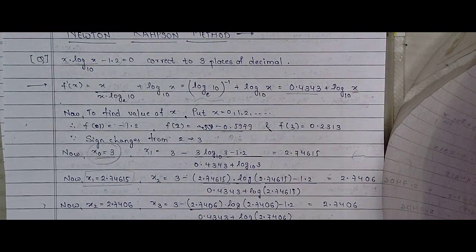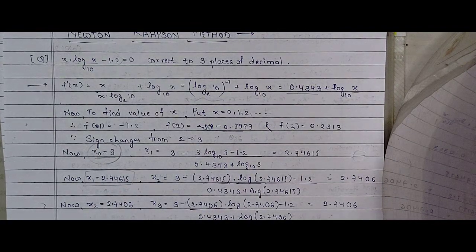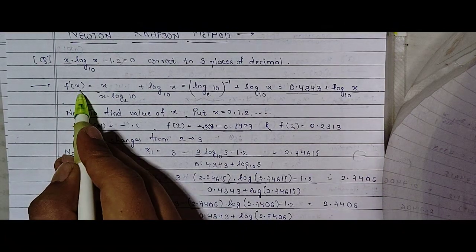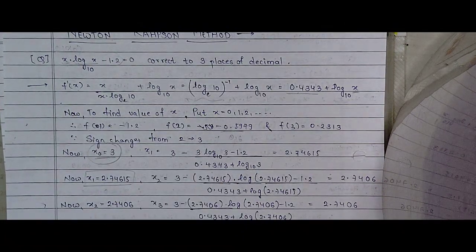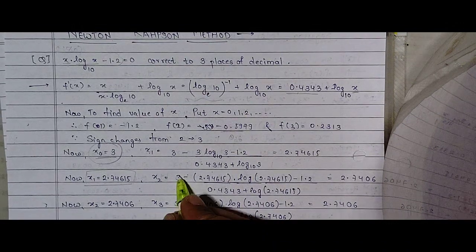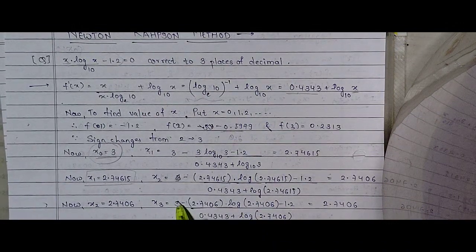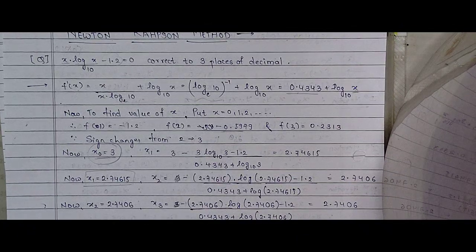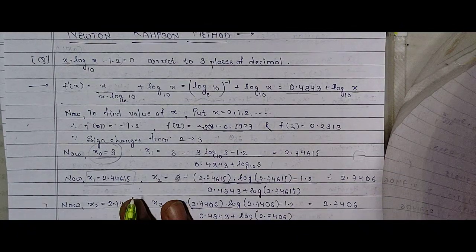2.74615. Again putting that value here. So what you will be getting? So guys, I think I have made a simple mistake here. Here 3 will not come because, what was our formula?